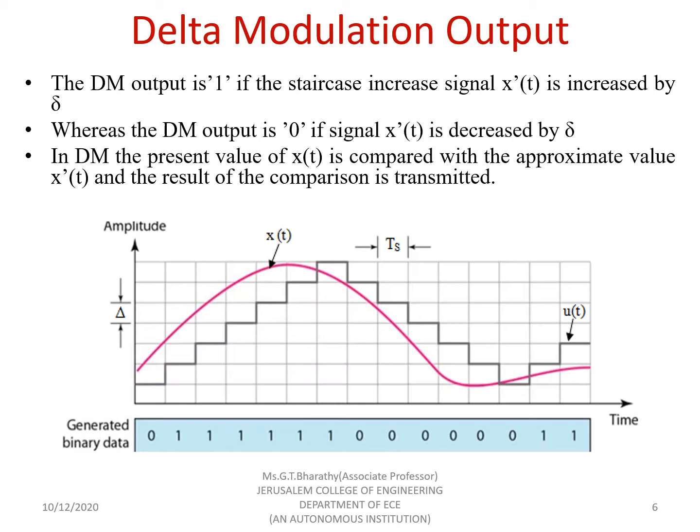So based on the comparison between the present sample and the previous sample, you have either 0 or 1 being transmitted. You have the step size here. When the difference is positive, the step size is going to increase. Otherwise the step size is going to decrease, but the change will be by a constant amount represented by delta. That's why it is called delta modulation.